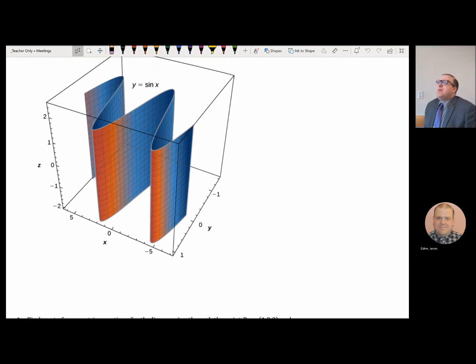That is a three-dimensional surface on a two-dimensional screen. Mathematica tries to deal with that by letting you rotate it, as we'll see. But that still has the inherent problem of trying to view a three-dimensional object on a two-dimensional screen.